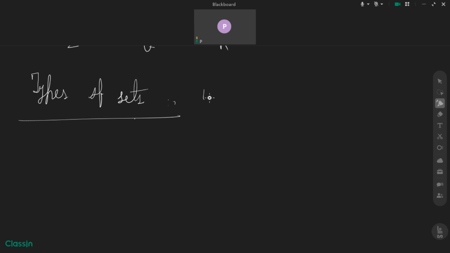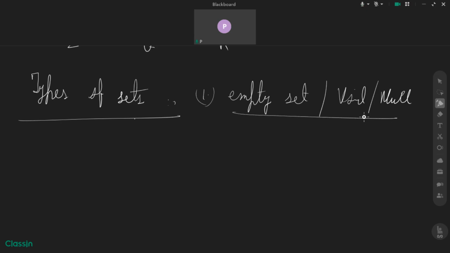Let us discuss the first type of set, which is known as the empty set. We also name it as void set or null set. If a set does not have any element, we call such a set an empty set.